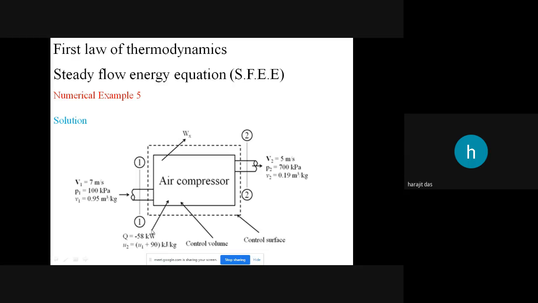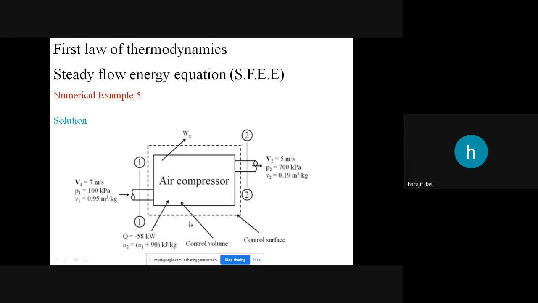So when you are giving some heat to the system, means it is absorbing, it is negative. And when heat is coming out, so it will be what? Here it is taken as negative, no?